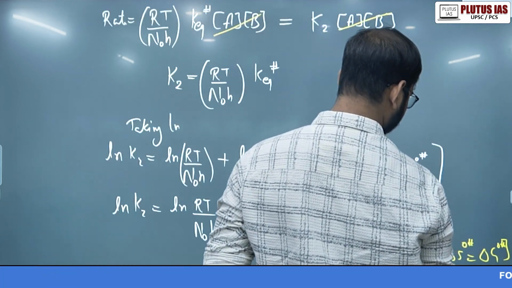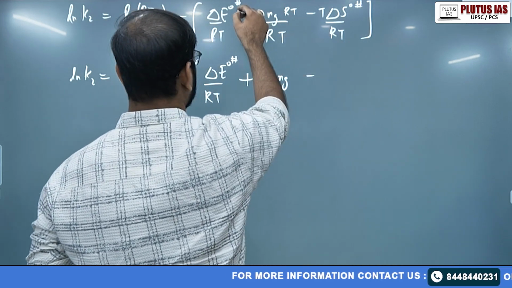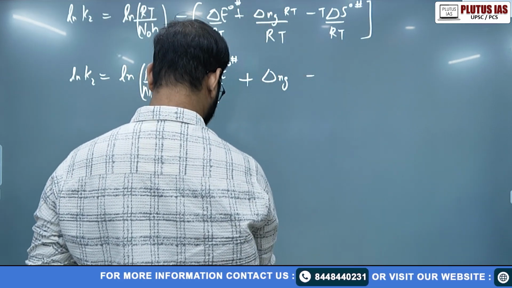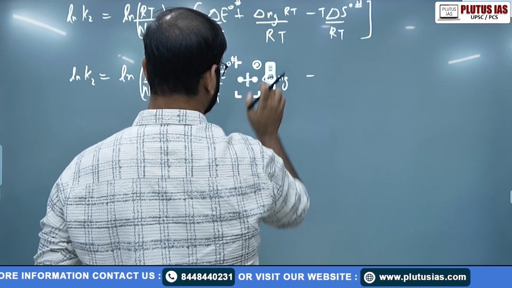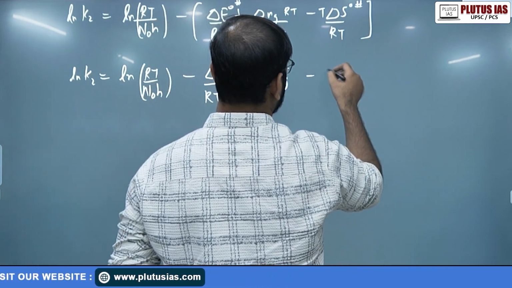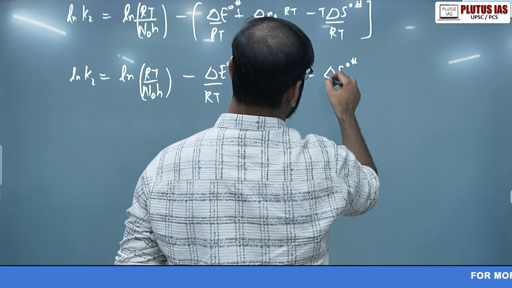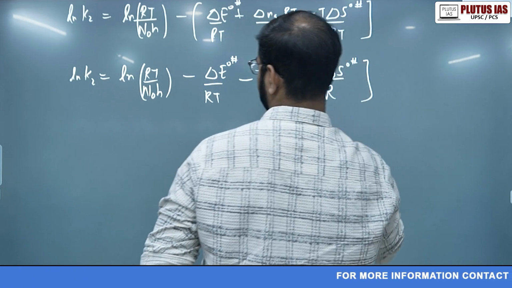Wait, this will be plus delta Ng, and this will become minus. So delta S naught, entropy of activation, divided by R.